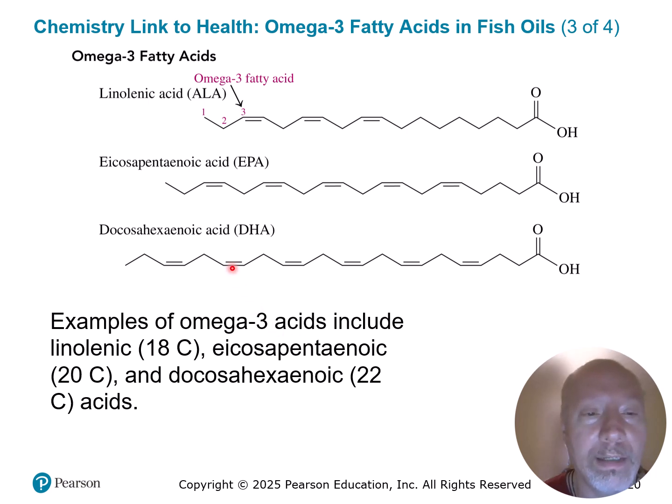But more important is that we know that these are omega-3 fatty acids, and the first point of unsaturation starts at the end. And notice they have different lengths in their carbon. This is 18 carbons, this is 20 carbons, this is 22 carbons.